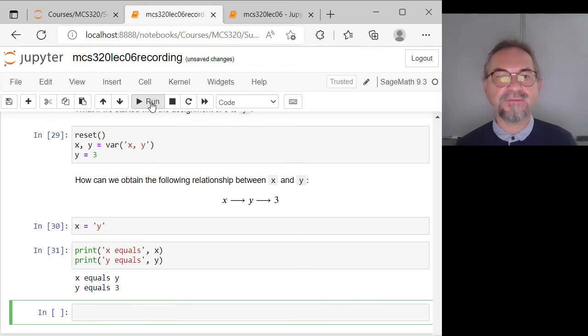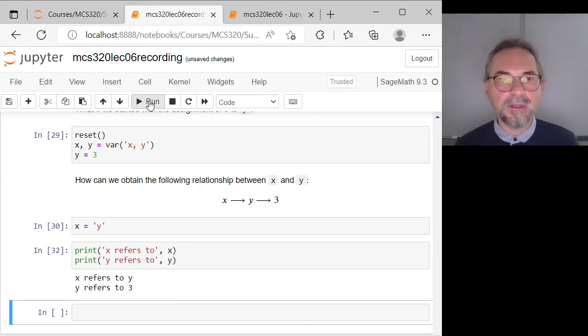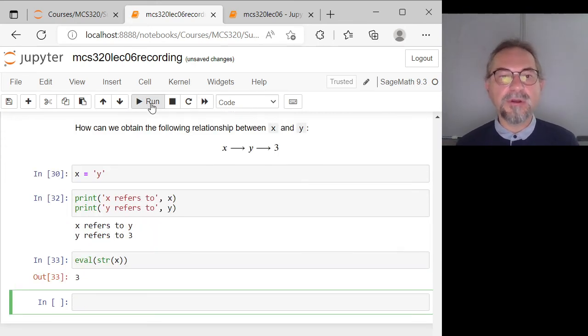So actually I should have used consistently refers to instead of equals. So let me pedantically do this. So this is refers to, that's the proper terminology, and this refers to. And again, if I want to force the evaluation, I apply the string representation to x and I evaluate. So there I evaluate to the fullest.